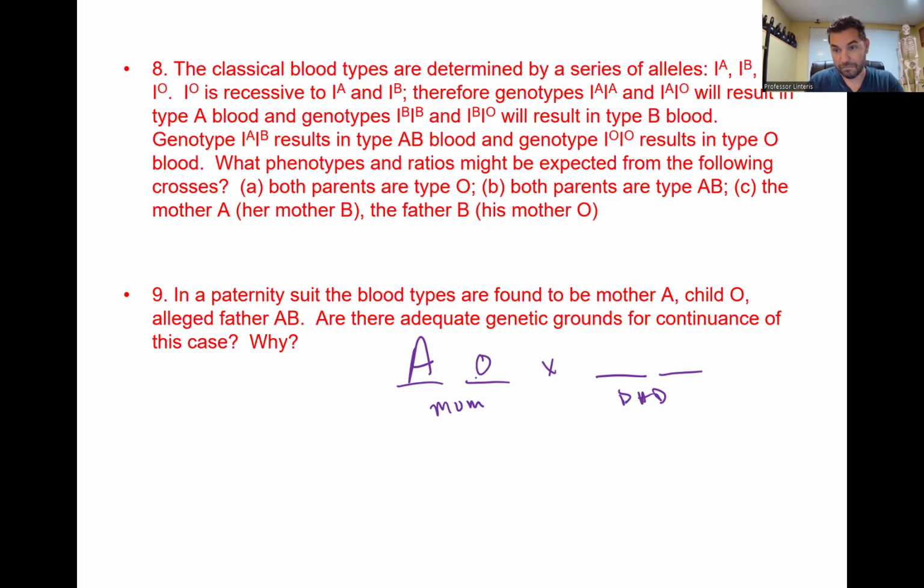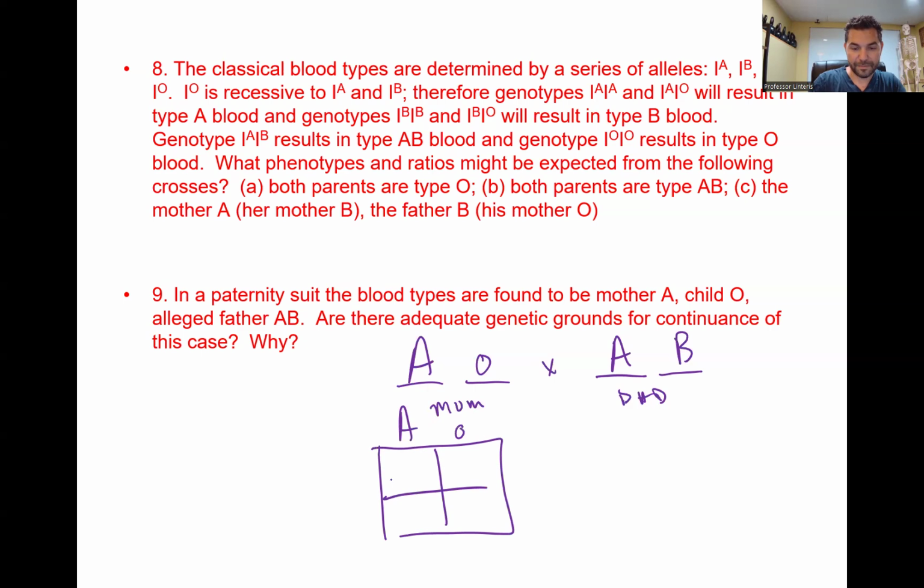Because she had a kid that's O. Obviously, she has to give the O, so she's AO. Alleged father, AB, right? Are there adequate grounds? Who's who, right? Is this his kid? You do it, you get an A-O, you get an A-B. Don't forget the child is O. Is there any chance that this is an O? No. You get your answer, right?